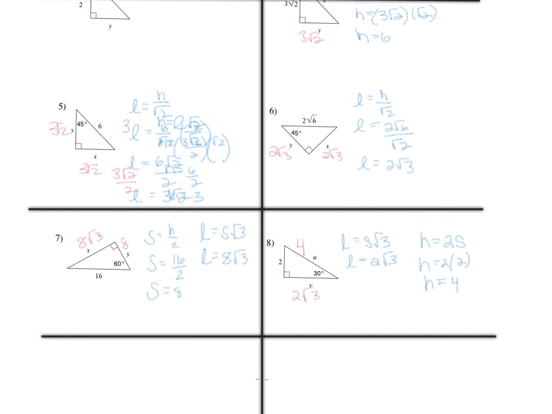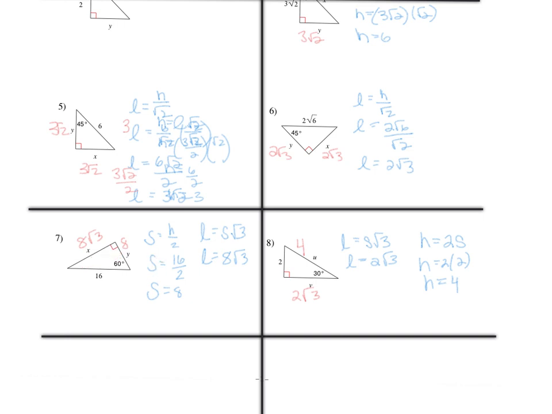So I know the top's blurry, but we're looking at number 7 and 8 now, so it shouldn't bother us. If we look at number 7, number 7 is a 30, 60, 90. We are given the hypotenuse. The short side is where we're looking at the y here, remember that's the side opposite the 30 degree.